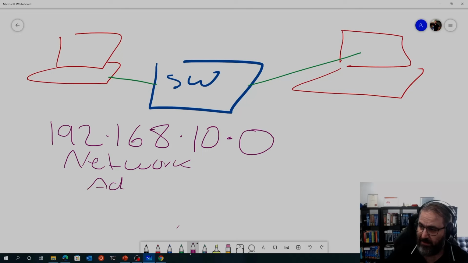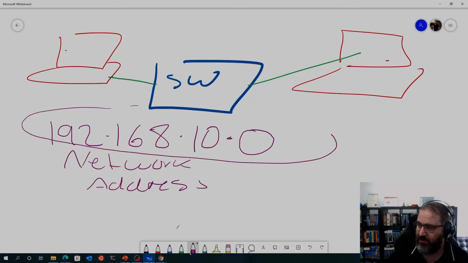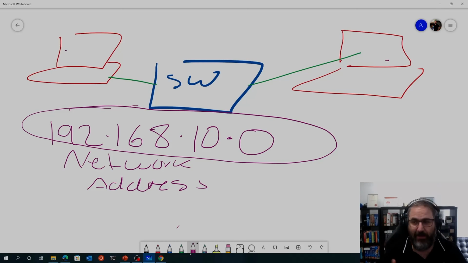So that means that PC, that node or host, is a part of that network address. For example, if I send a little message to that address, or if I send some sort of networking, they're all going to get it.